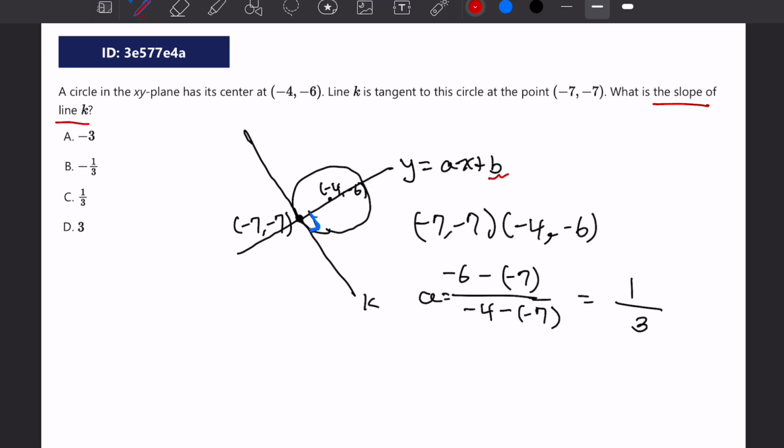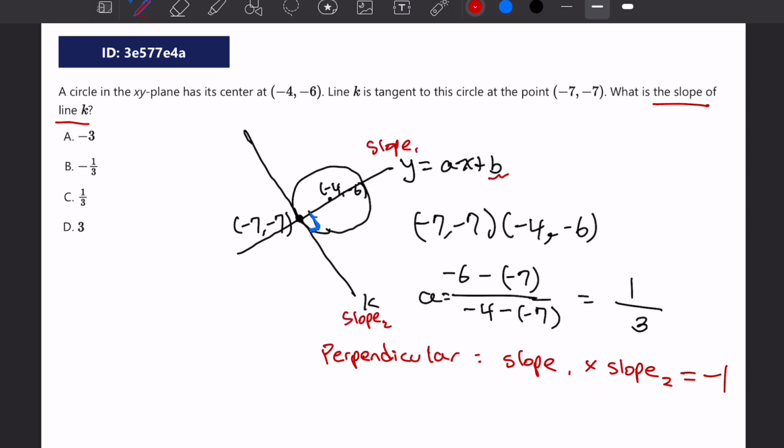So actually we don't need to find the b because the question is asking for the slope of line K, and we know that for perpendicular lines, the slope of the first line times the slope of the second line is equal to -1. So if we call this slope 1 and this slope 2, it'll be 1/3 times slope 2 equal to -1.